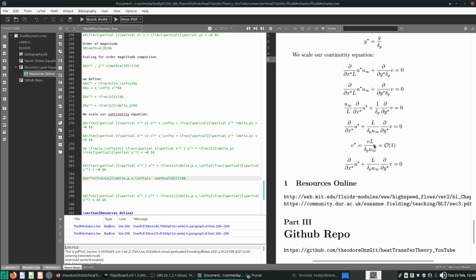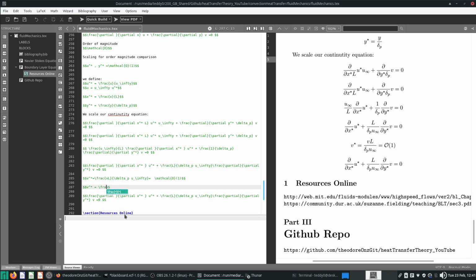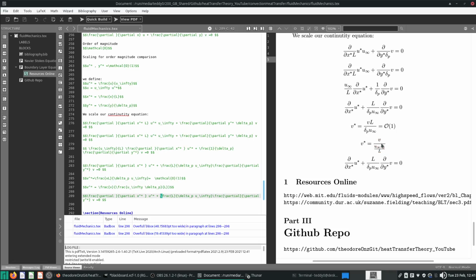So how we scale V is using this delta P, u infinity and L. We can make it look a little nicer by bracketing these terms together: u infinity delta p over L. And that will give you the proper scaling.